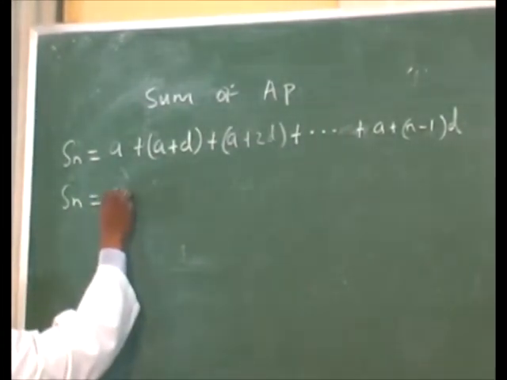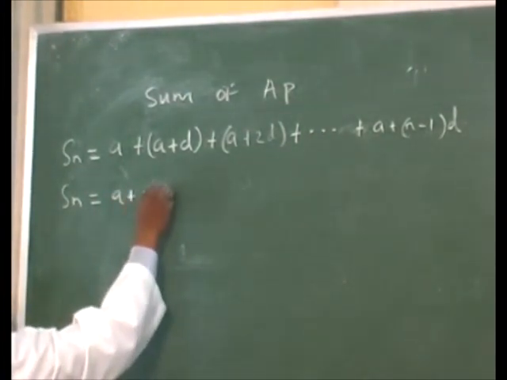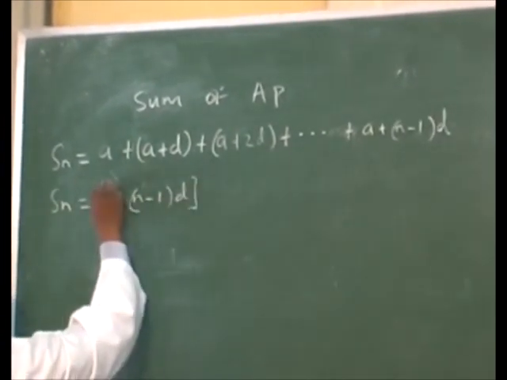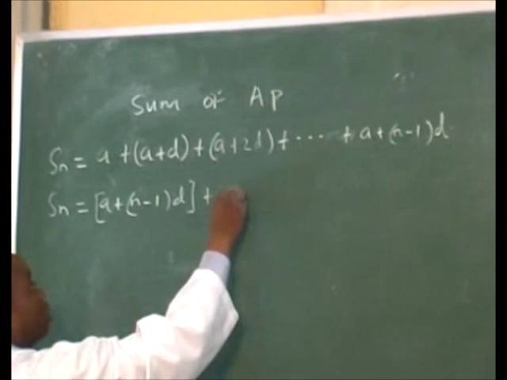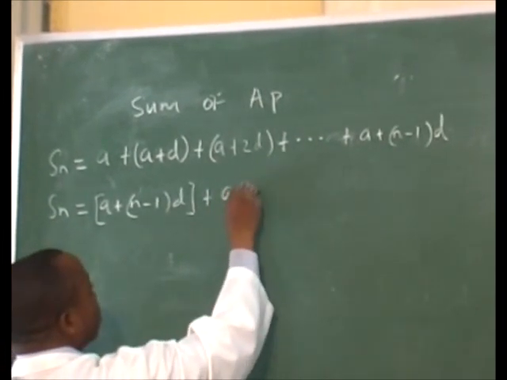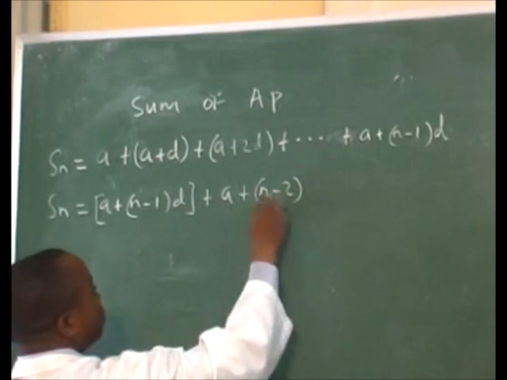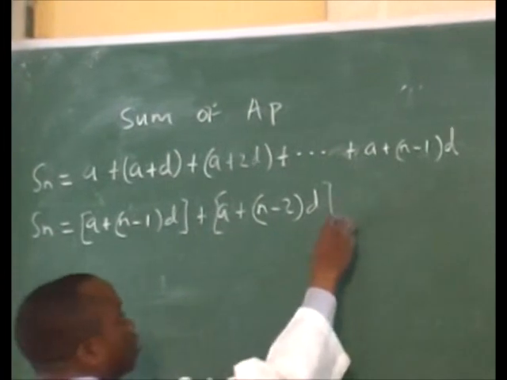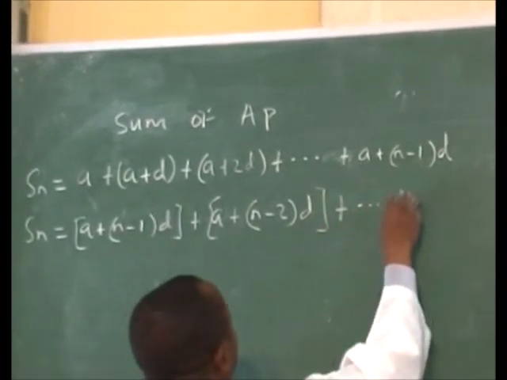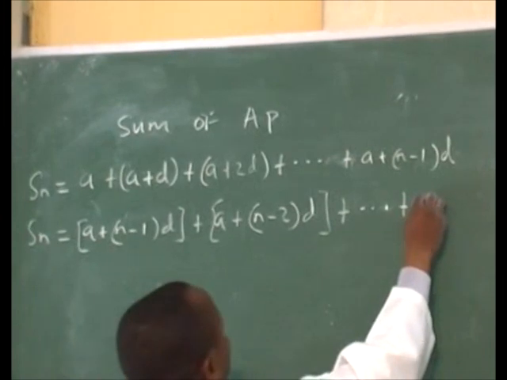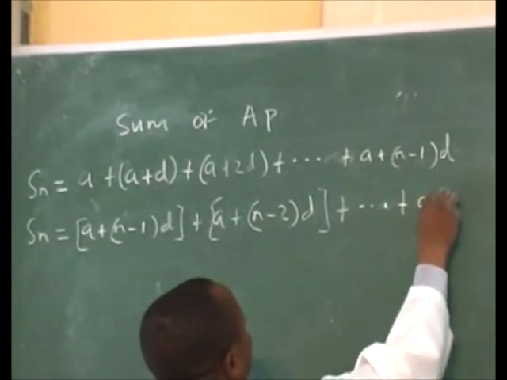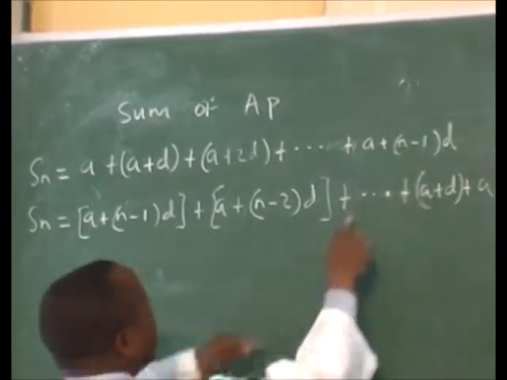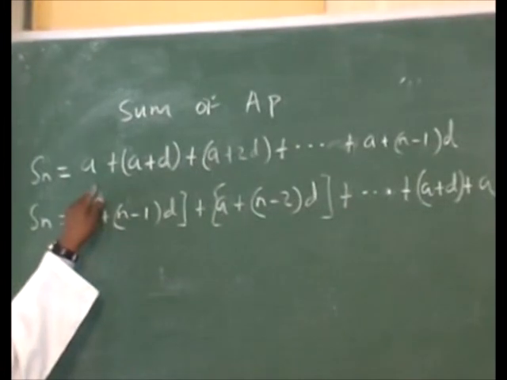I will also have a plus (n minus 1)d plus a plus (n minus 2)d plus it will continue till I have a plus d, and then a. I'm adding from this side down also.